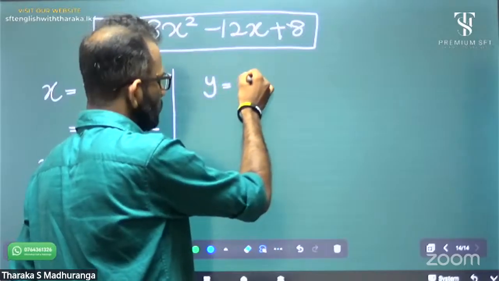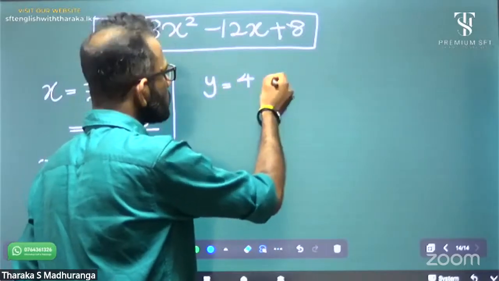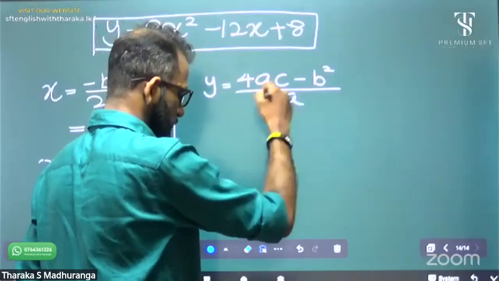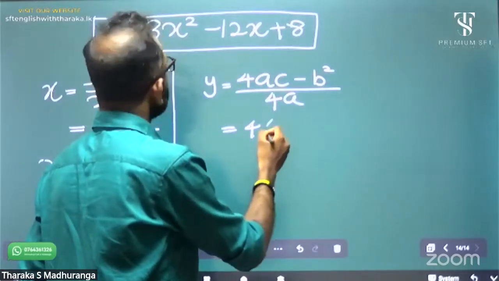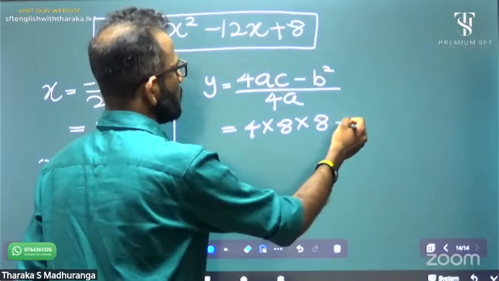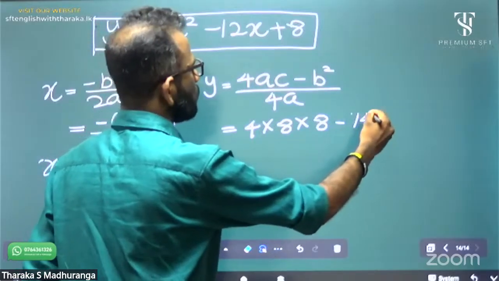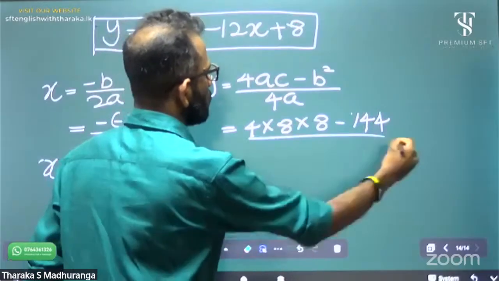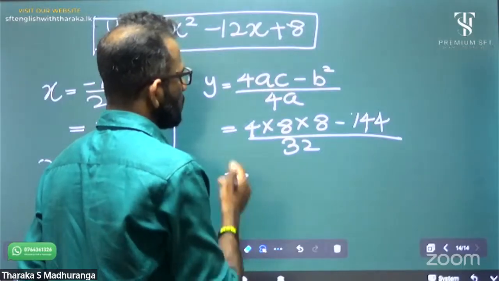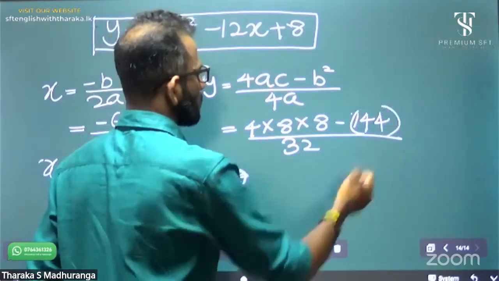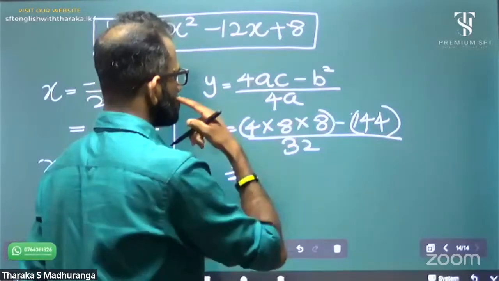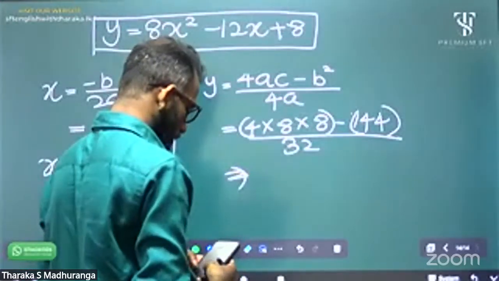Y equals 4AC minus B squared over 4A. 4 into A, 8 into C, also 8, minus B squared, which is 144, over 32. 4 into 8 is 32, 32 into 8.